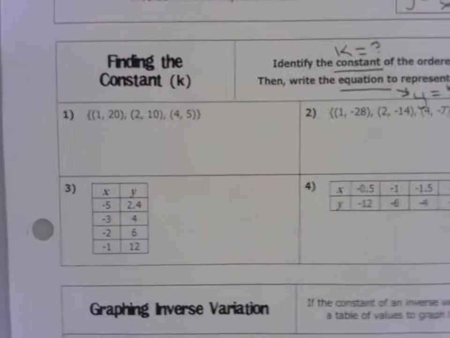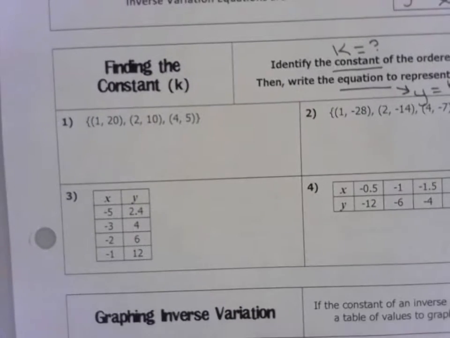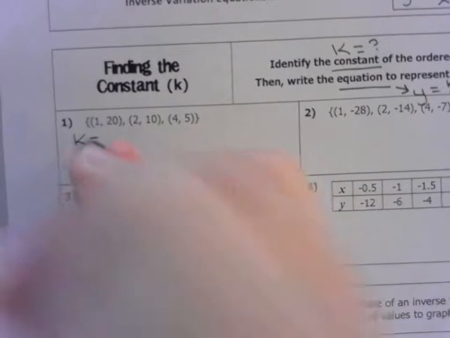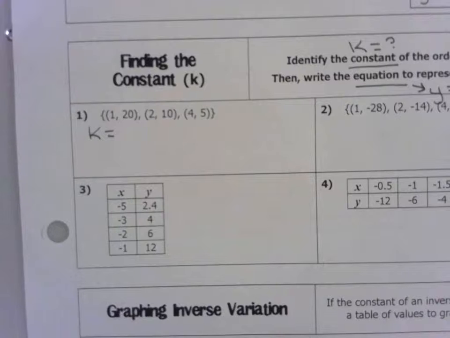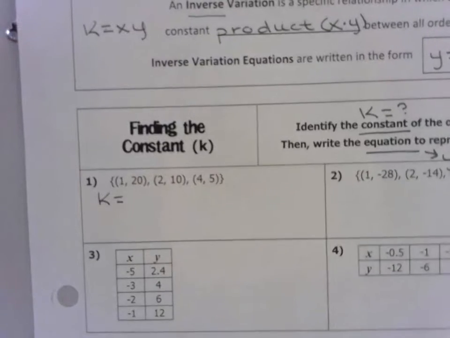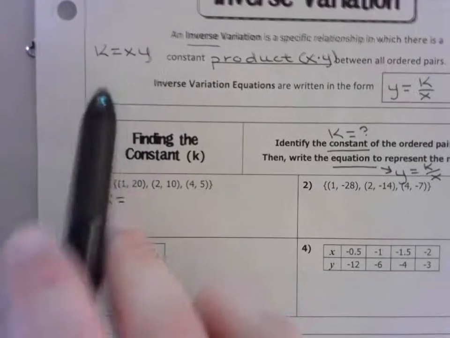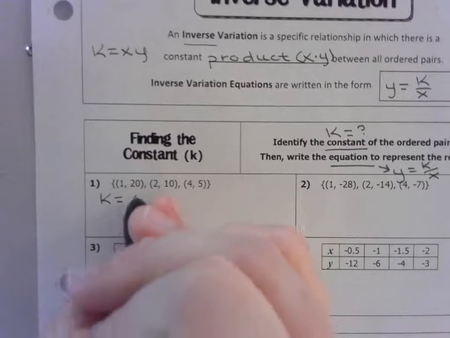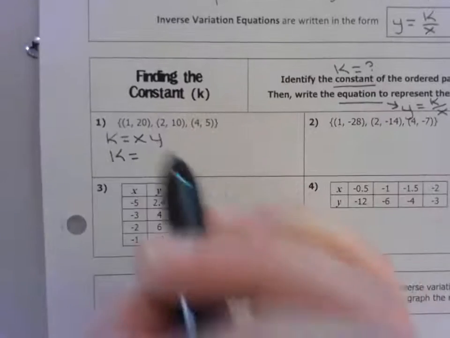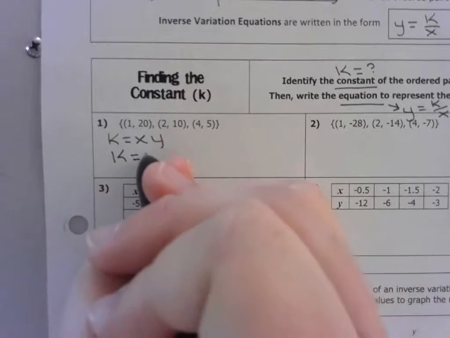Okay, let's look at number 1. I need to find the constant. K equals what? Well, what's the k equals what times what? X times y. So if k equals x times y, you're just going to multiply your x and y together. 1 times 20, 20.